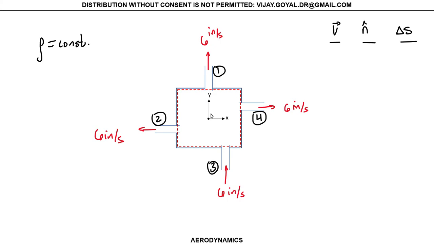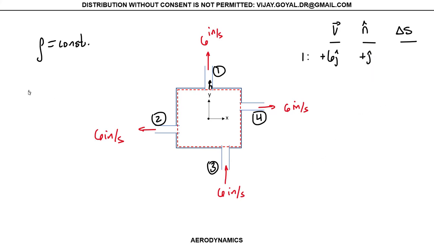So 1 is going in the j direction, in the y direction. So this will be plus 6j. My n for 1 has to be normal to the surface, so this will be plus j.